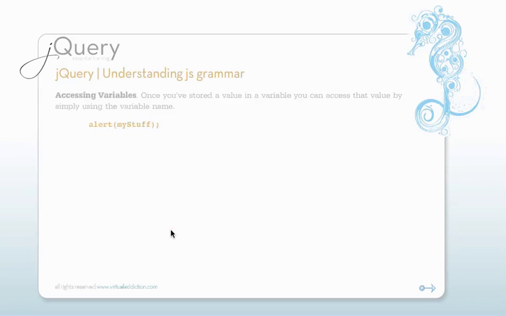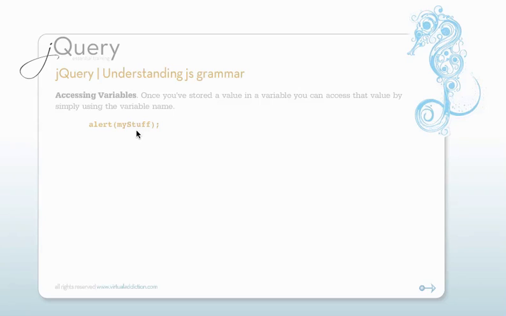And finally, once you've stored a value in a variable, you can access the value simply by calling the variable's name. So if I had the variable myStuff, I could just say alert myStuff, and I'm essentially accessing the variable that way. Notice that you don't use quotes on the name of a variable.